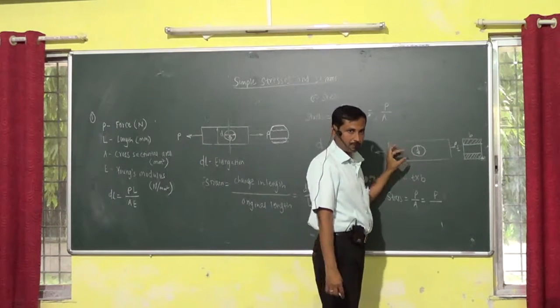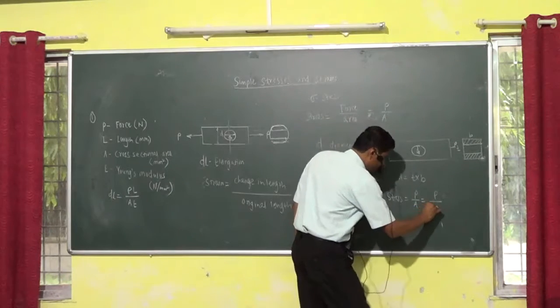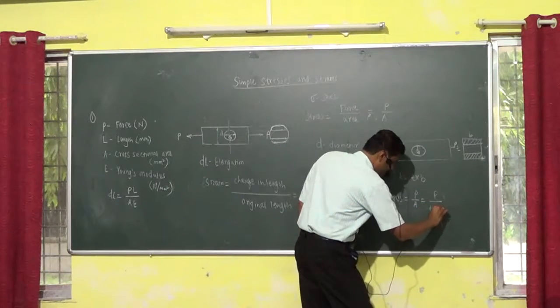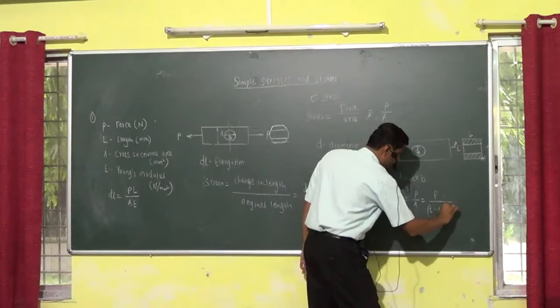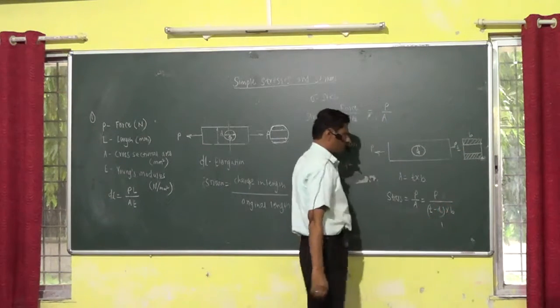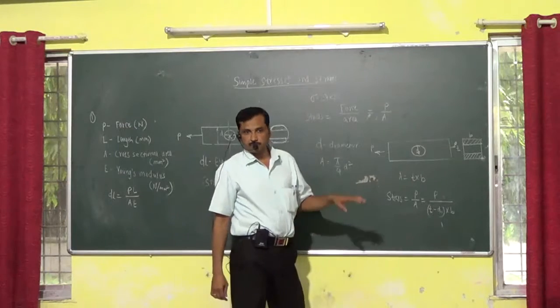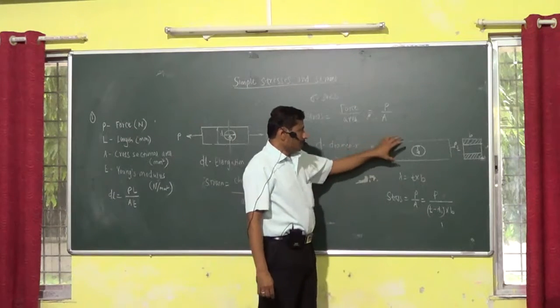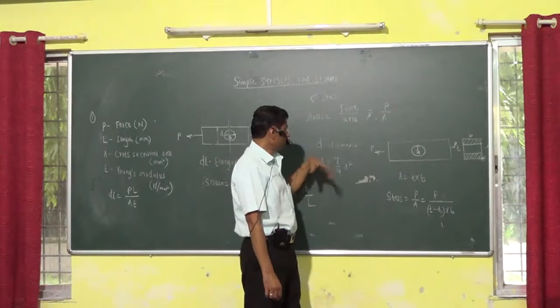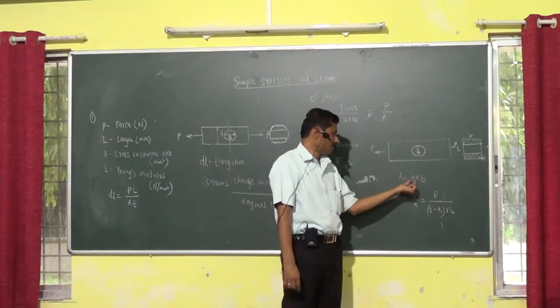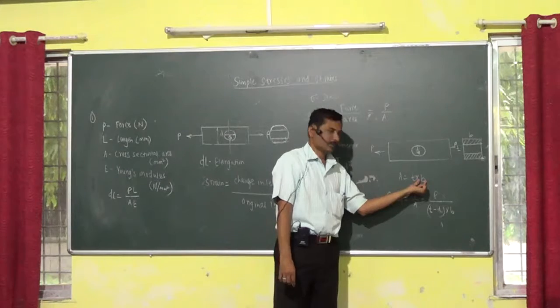Is it okay? Then what will be the cross-sectional area? T minus D1, and width B will be as it is. So if we are considering a plain bar, P upon cross-sectional area, T into B is sufficient.